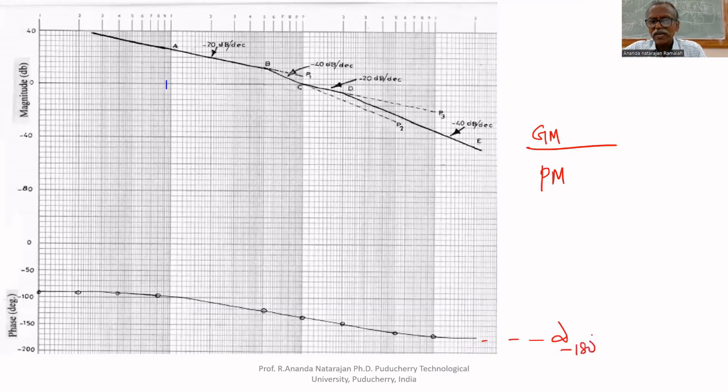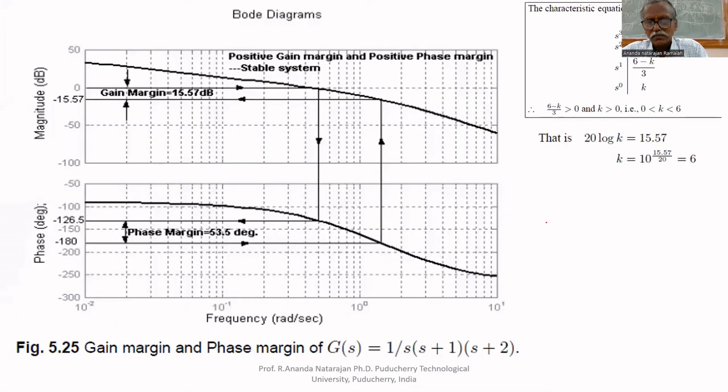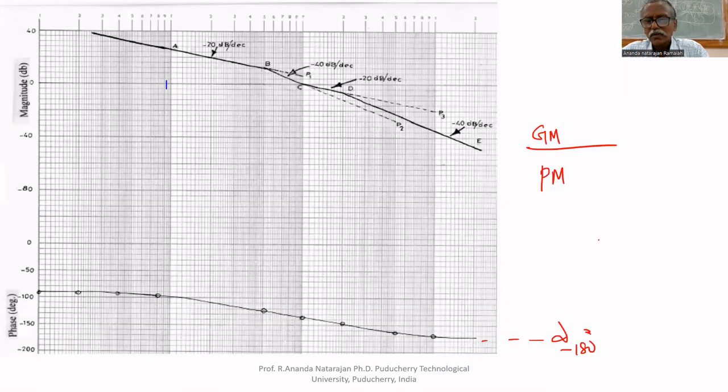Where it crosses 180, we have to check, at that point, what is the magnitude? The magnitude also went to minus infinity. Therefore, gain margin is infinity. This you may not be able to understand now. We'll see later. I'll make you understand this gain margin infinity later.